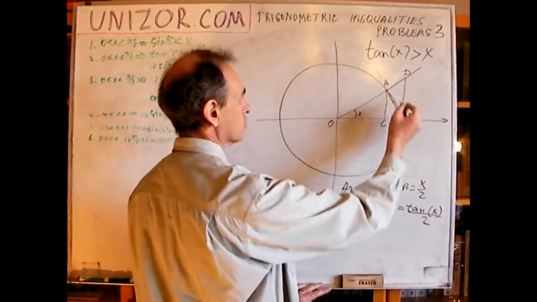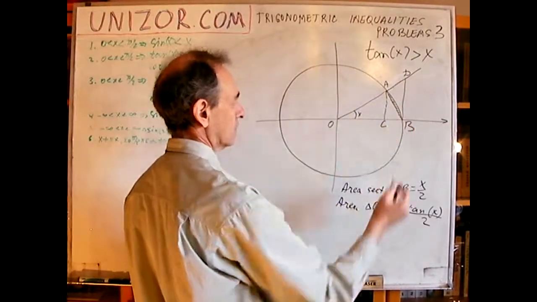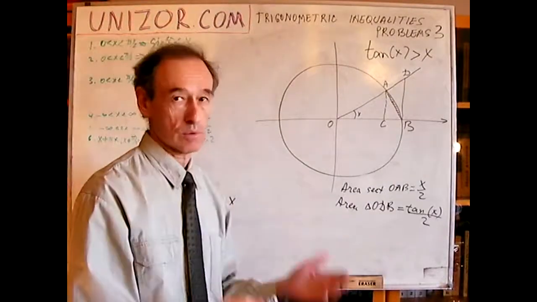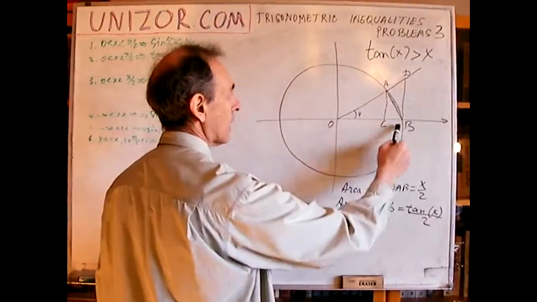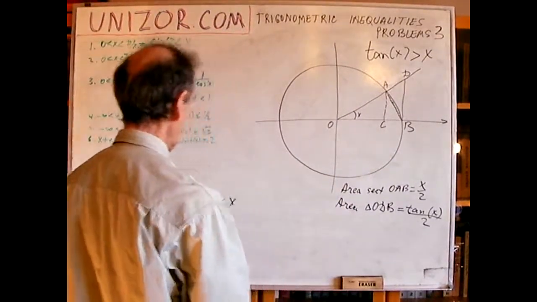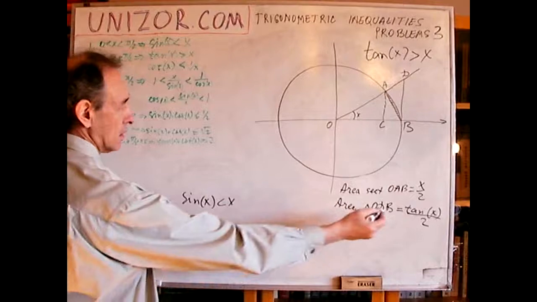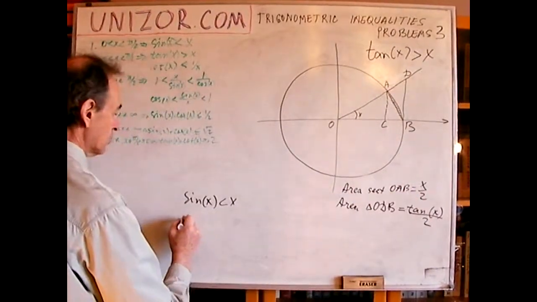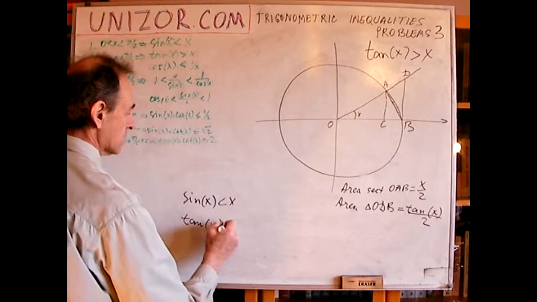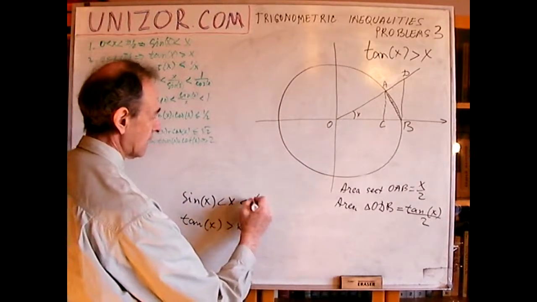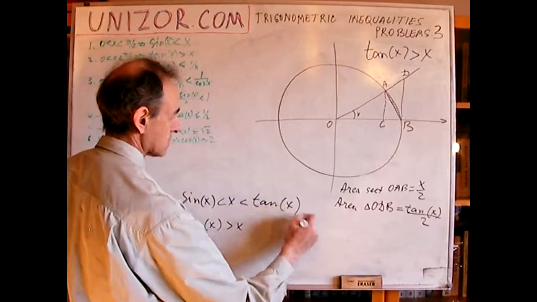Base times tangent of x divided by 2. And now, from the same geometric consideration, since the area of triangle ODB is greater than the area of a sector, we have come up with tangent of x over 2 is greater than x over 2, which means tangent of x is greater than x. So x is in between sine and tangent of x.